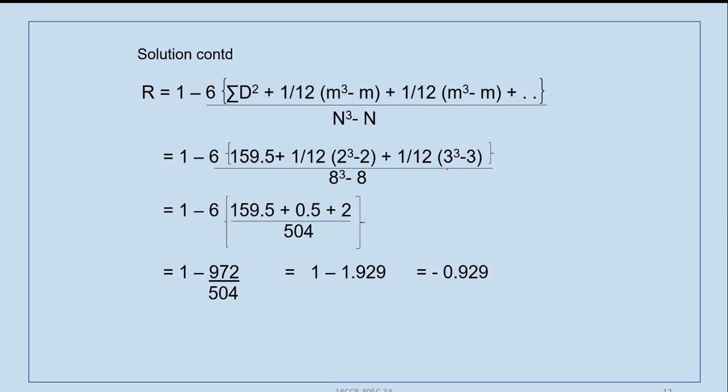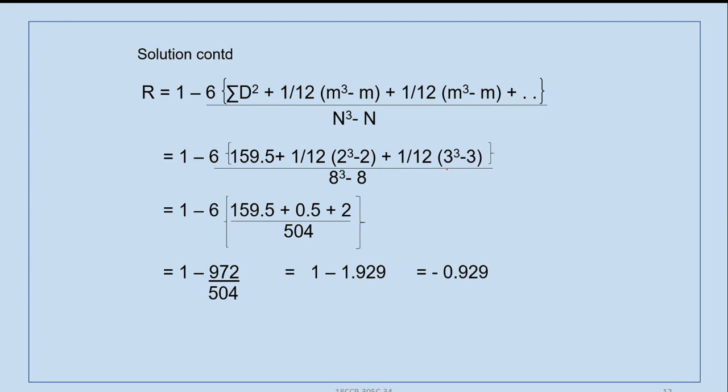Please understand very carefully. In the X series, 5.5, 5.5 we got 2 times, and in the Y series, 4, 4, 4 we got 3 times. So m cube minus m is 3 cube minus 3.